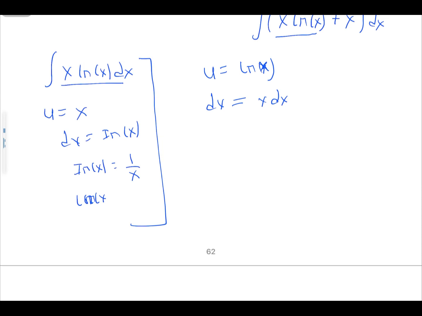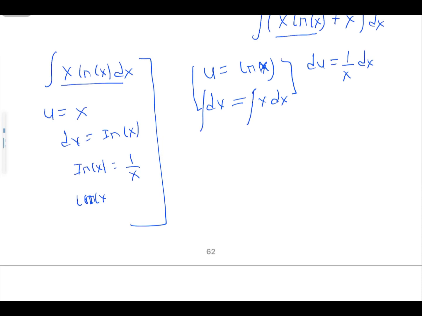And therefore this choice will help us come out with whatever we want to come out with. Now we have our u, but we don't have our du. So finding our du, differentiating our ln x, we are going to get 1 over x dx.